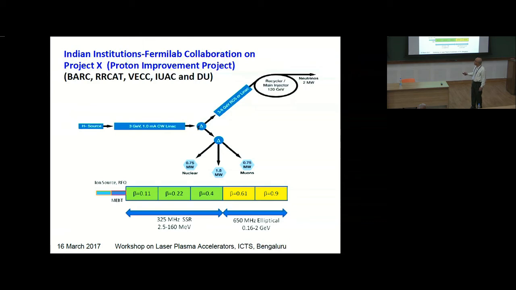And these will be used for muons and for ADS kind of stuff, and then nuclear physics. So in this, we are collaborating in the design and also the component building.